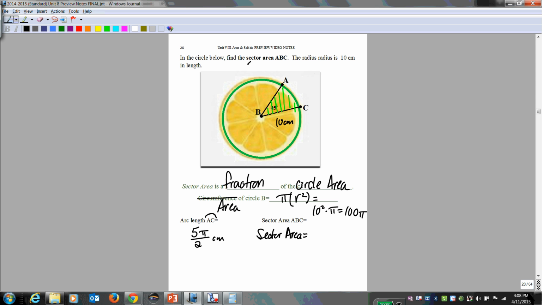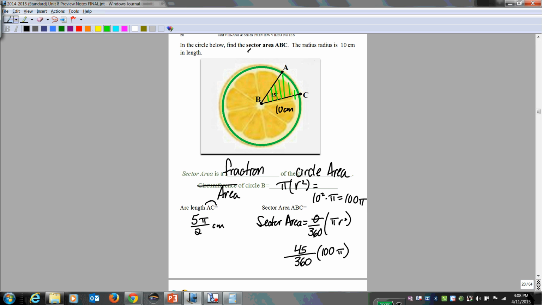you write your equation out: theta over 360 times pi r squared. Theta is 45 over 360 times 100 pi. I'm going to reduce. This goes right here 8 times. So my sector area, we can express it like this: 100 over 8 pi centimeters squared.